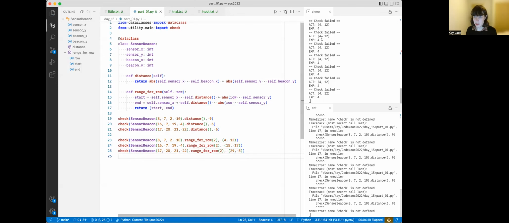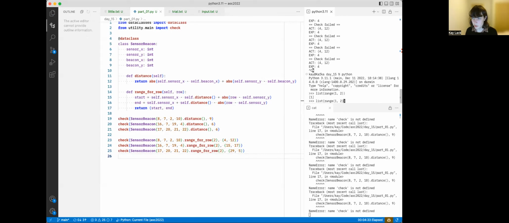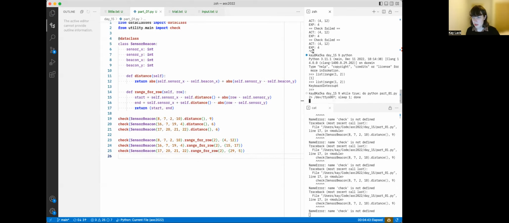Now, I happen to know that if we make a range out of this, we're going to end up with something wrong. So we're not going to convert this to a range anyway, so it doesn't matter.